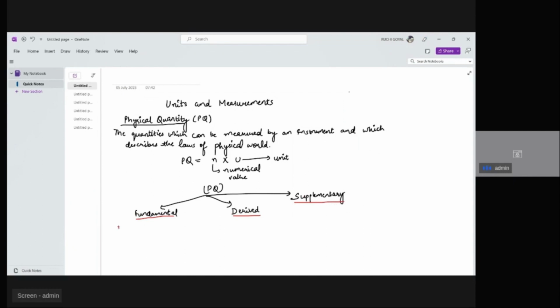Firstly, we will write about fundamental quantities. What are fundamental physical quantities? Fundamental physical quantities are those quantities which do not depend on any other physical quantity, meaning they are the base quantities.